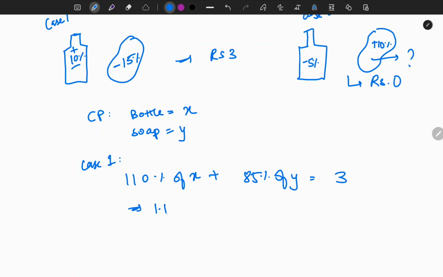If we turn it into numbers, 110 upon 100, we get 1.1 into X plus 0.85 into Y is equal to 3. Just going to make this into a multiplication sign.